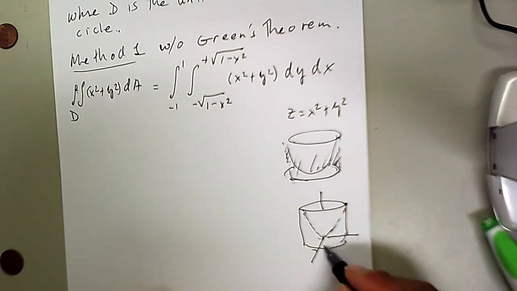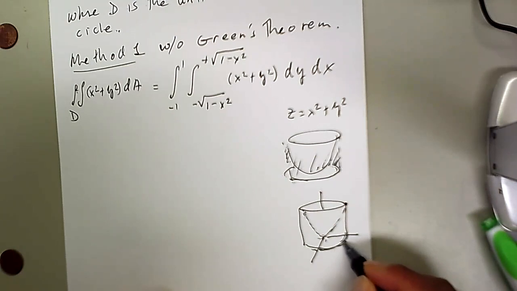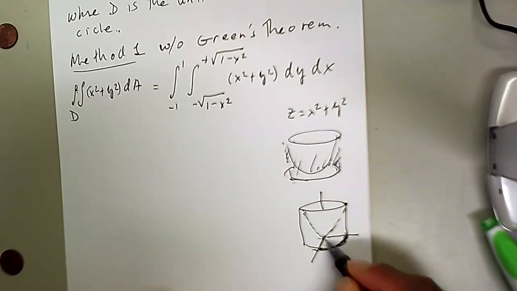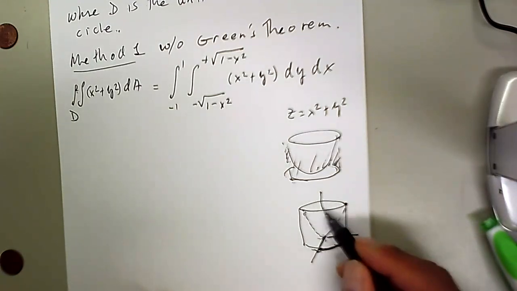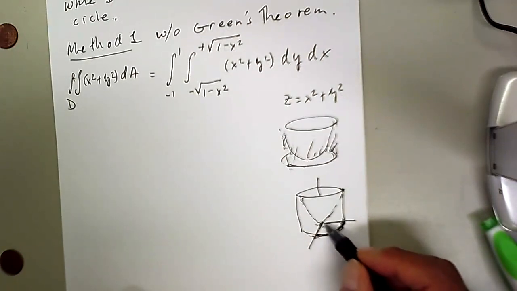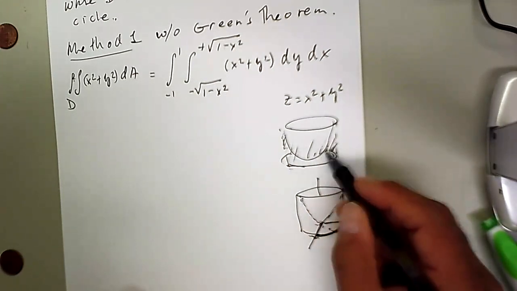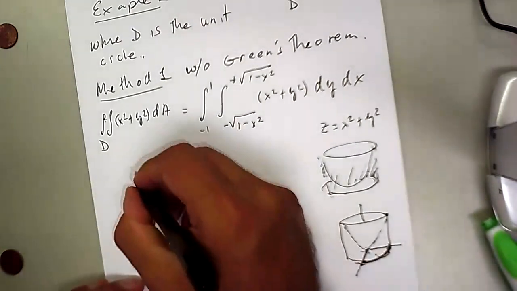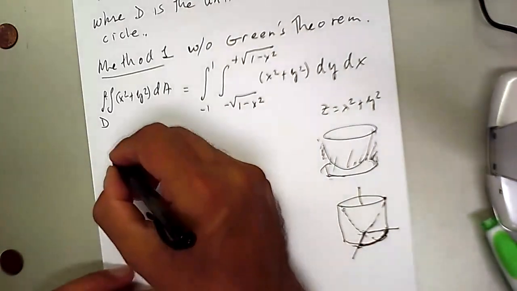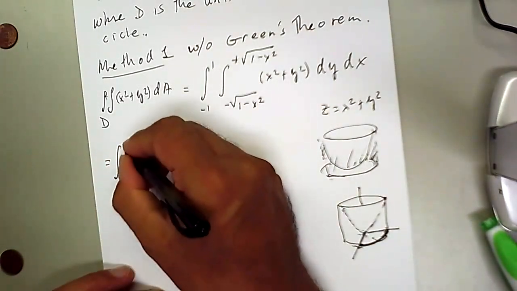If we find the volume above just a quarter of this region, then because of the nice symmetry of this paraboloid, we can just multiply by 4 to obtain the whole volume. So I'm going to take advantage of the symmetry and integrate from 0 to 1.